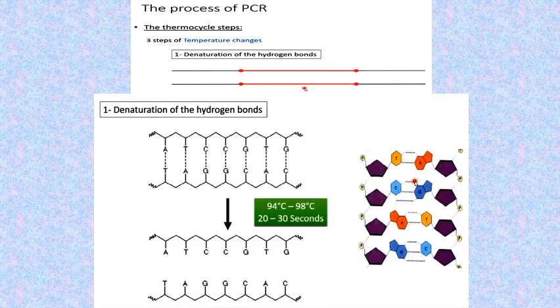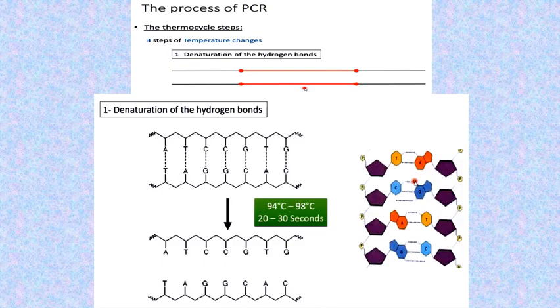So this is the particular sequence we need to amplify. The hydrogen bonds between these 2 strands must be broken, so it is called denaturation of hydrogen bonds.